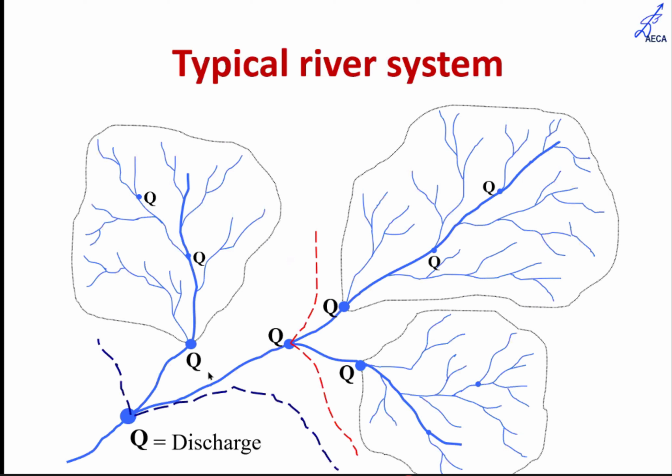Now, a typical river system may have contributions to its discharge from a number of catchments, and these catchments may in turn vary in size. So at every point you have different streams or tributaries contributing, and these all add up to reach a larger stretch or a larger river where all these are contributing. And we are actually trying to focus on the smaller catchment or the smaller point of interest.